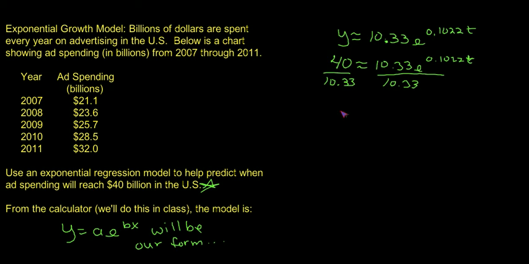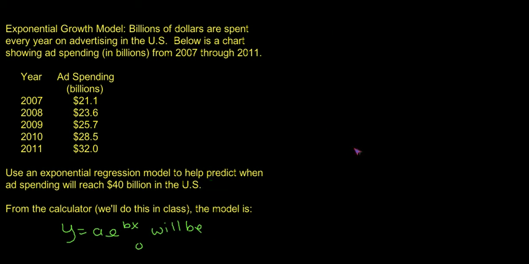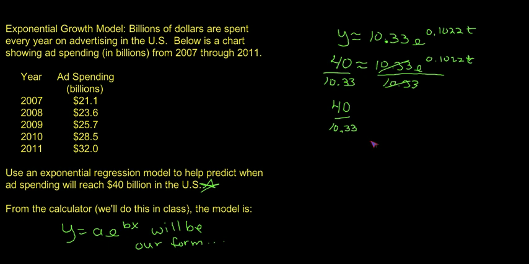Don't divide and then round again. You start introducing more error into your prediction later on by doing that. This is going to cancel on the right side, so we're still going to be left with this fraction on the left. And on the right side, all we have left is our exponential, so e raised to the 0.1022 times t.